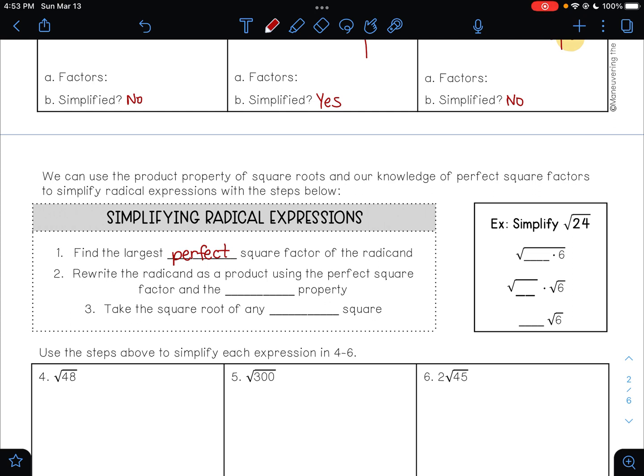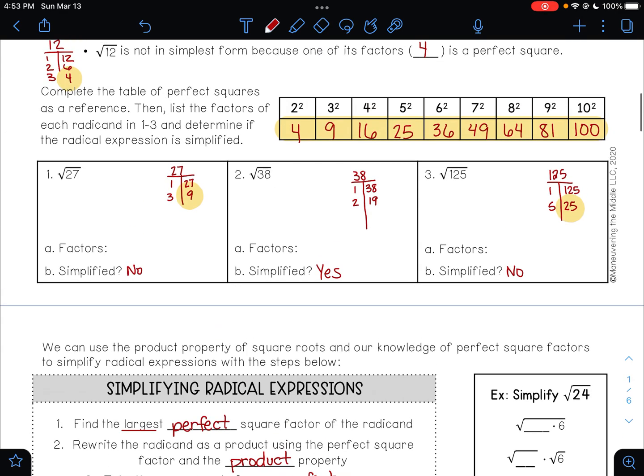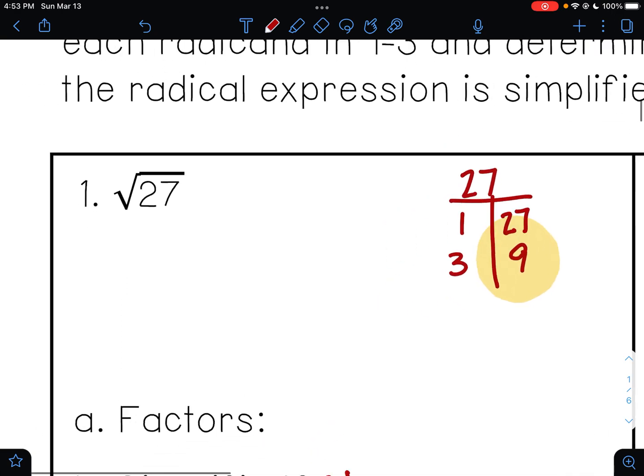Okay, but it has to be the largest. Then we're going to rewrite the radicand as a product using the perfect square factor and the product property. Okay, and then we're going to take the square root of any perfect square. Okay, so I'm showing you what that looks like above here.